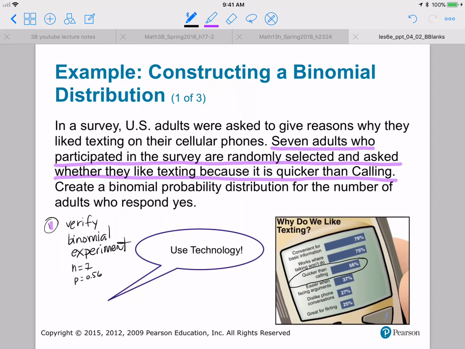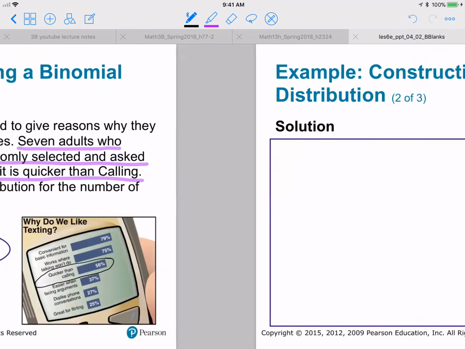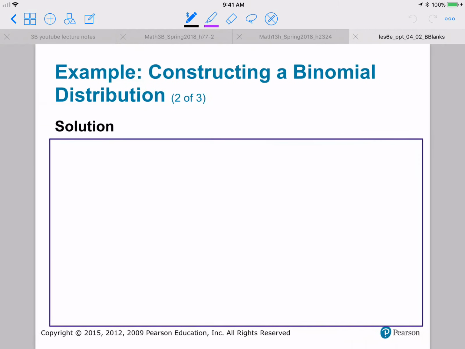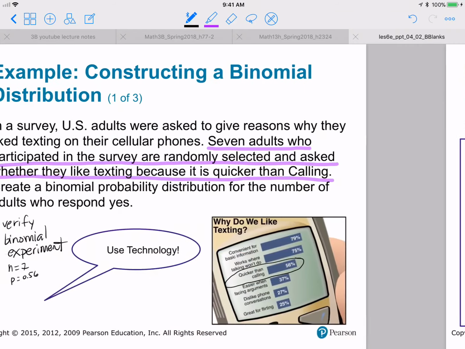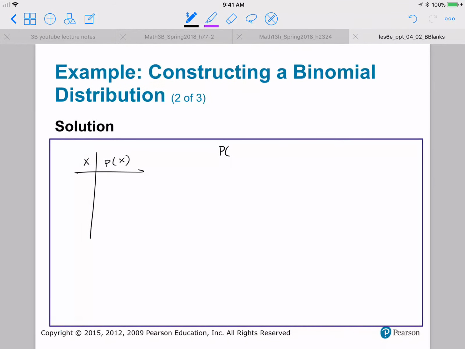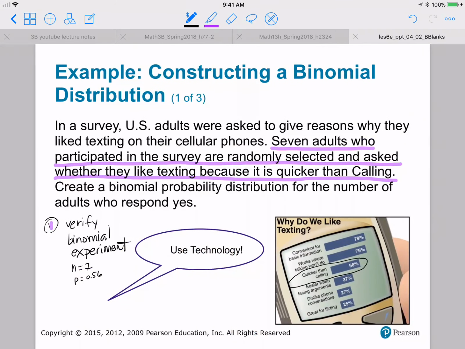Now, we want to create a binomial probability distribution for the number of adults who respond yes. And we're going to use technology to do this. So we'll have X and P of X essentially, right? And now we need to calculate, because what are the values for X? I should have written this down here.